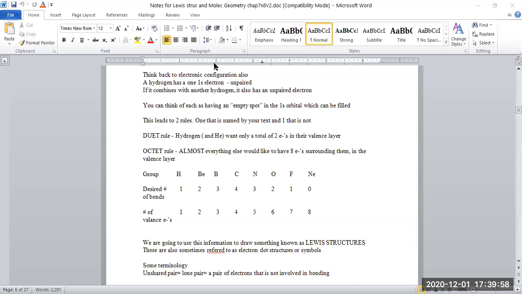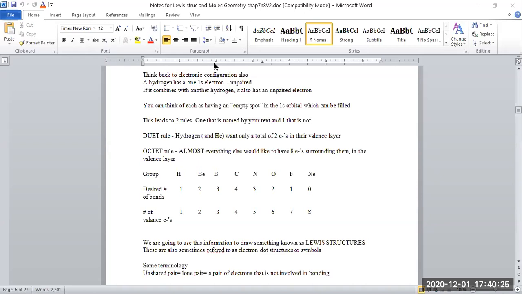By the time we hit the boron column, boron, aluminum, and sometimes gallium, you're heading toward the make or break point. Most of the time, it's easier to give away or share the 3 electrons that the boron column has. But once you hit carbon, that really is truly the make or break.